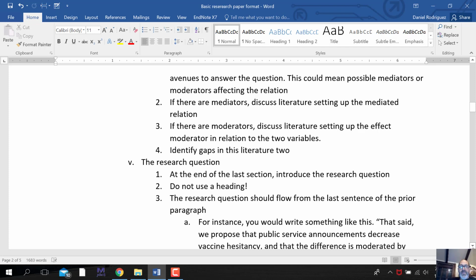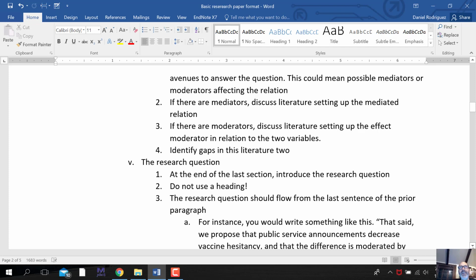So for instance, there could be some mediating variable, some variable through which the effect of the independent variable on the dependent variable is channeled. Like if we're looking at the effect of public service announcements on vaccine hesitancy, something might be mediating that effect.